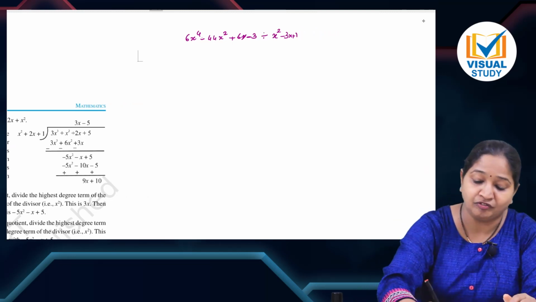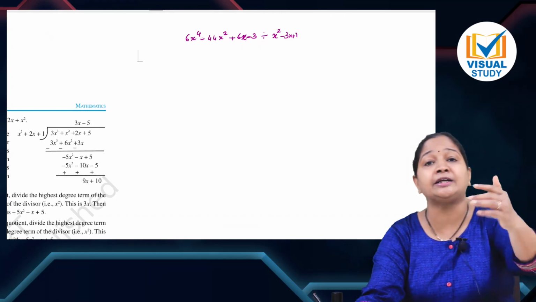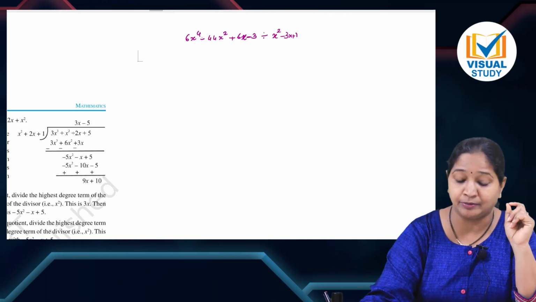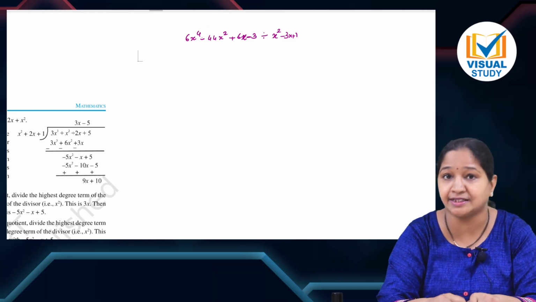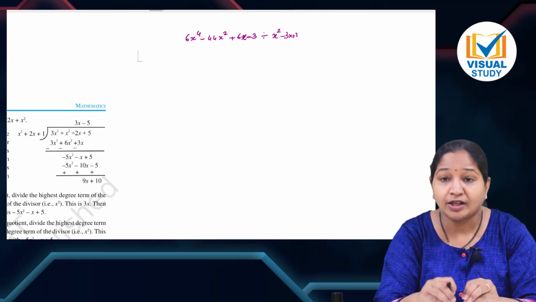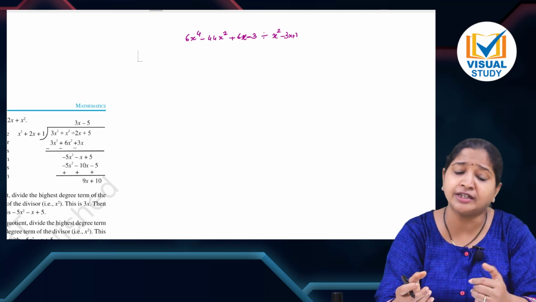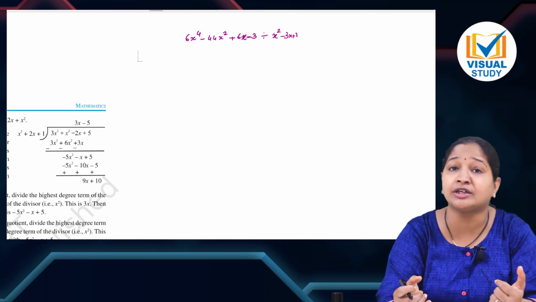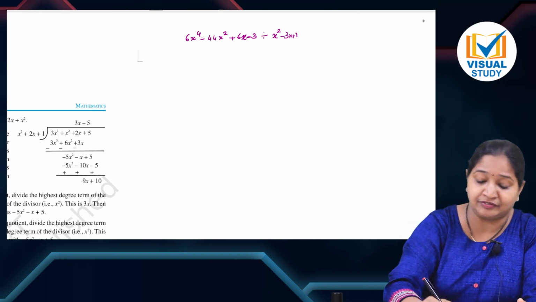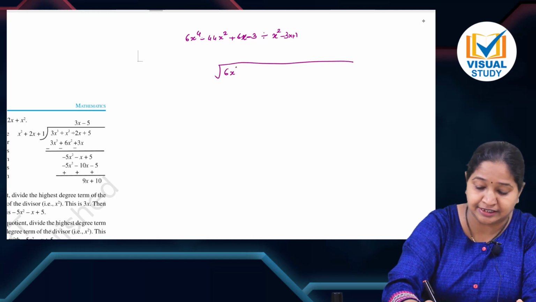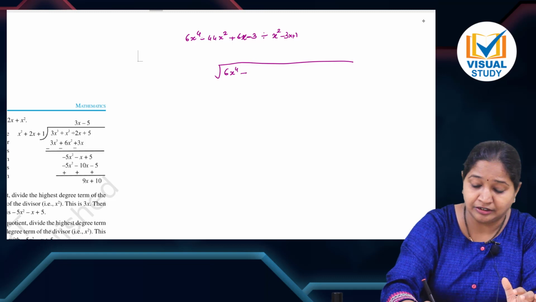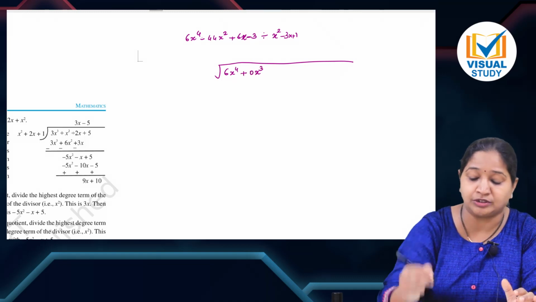Now here you have 4 terms and you have to divide it by a trinomial. But as you see, the middle terms are missing. The x cube term is missing, so you can write it as 0x cube, otherwise you can leave it, but it is very difficult when you leave that. After 6x raised to 4, don't leave the space. I'll write 0x raised to 3.